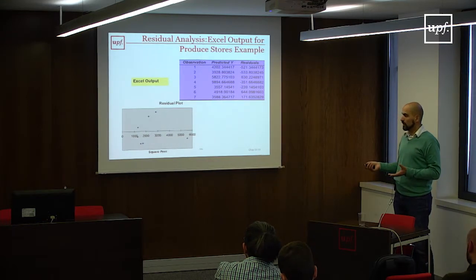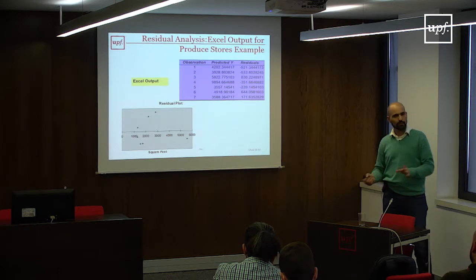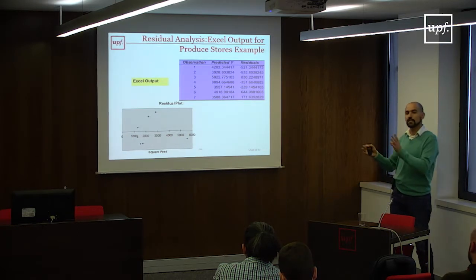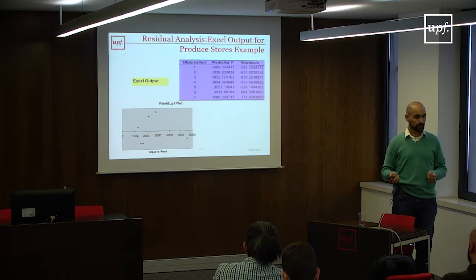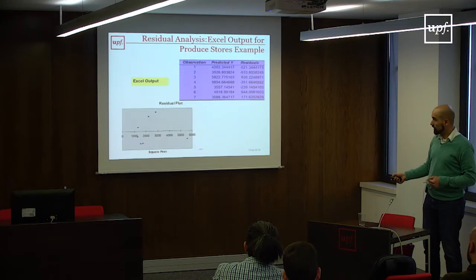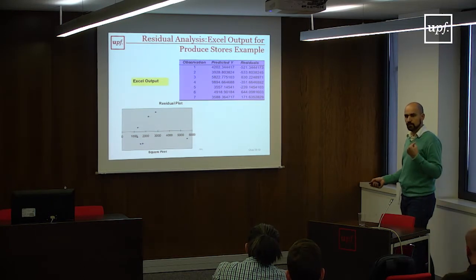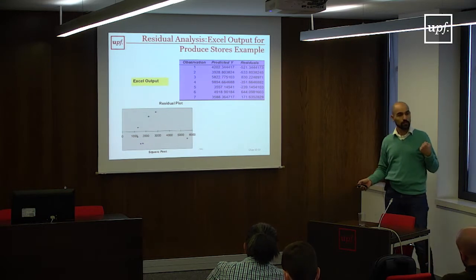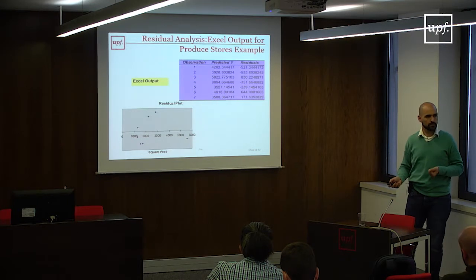But you can see that even if we had a high R square, and this R square was statistically significant, I would not use this regression line. This analysis comes before the analysis of the statistical significance of the slope. If the residuals are not good, don't use regression.